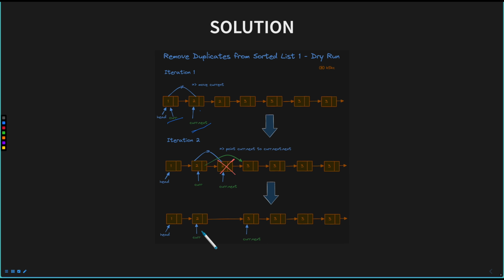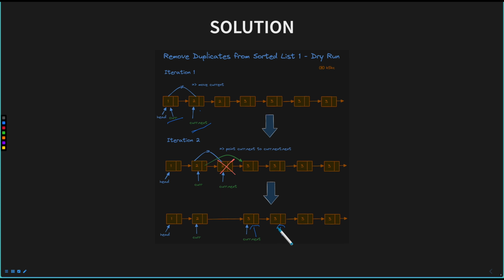Again, current is still pointing to 2, so it's not like current has moved, only current dot next has moved, because we have to ensure that we find the new element in the list. That's what the right pointer, or current dot next, is doing for us. Now we see 2 is not equal to 3, so we move current to here and current dot next to here.